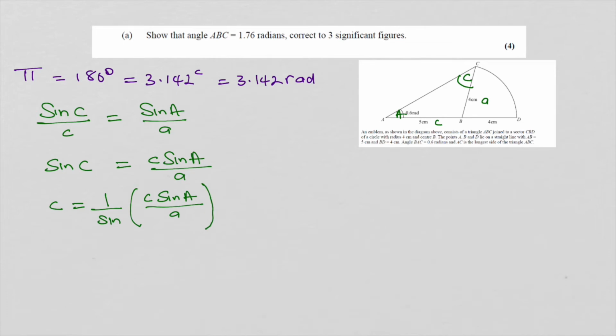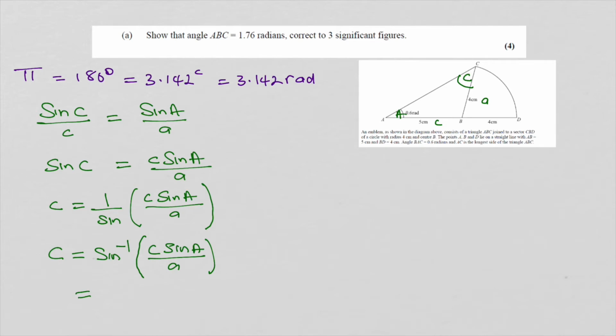And now 1 over sine in indices is sine to power minus 1, open bracket, little c sine capital A over little a, close bracket. So I've made capital C the subject. Now I can plug in the data I need.